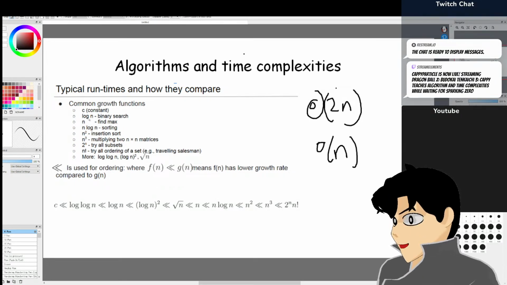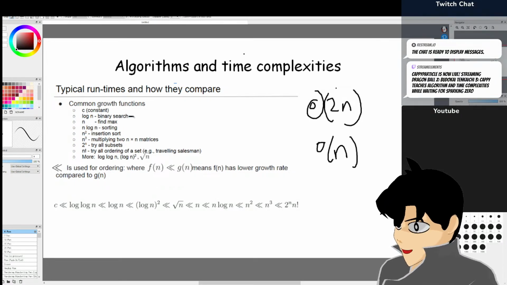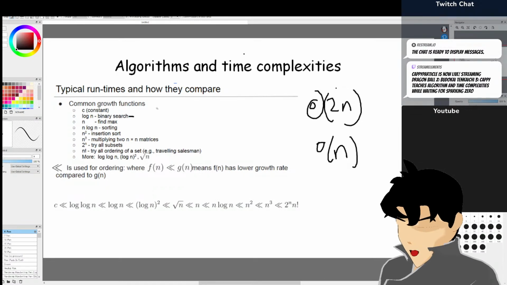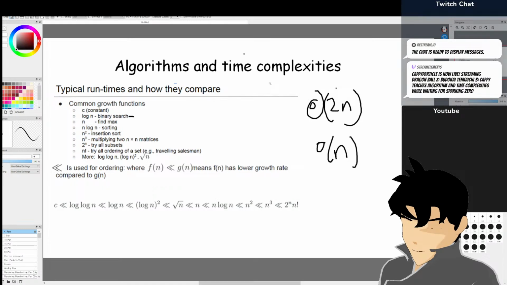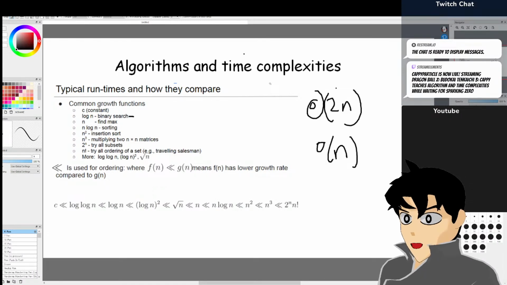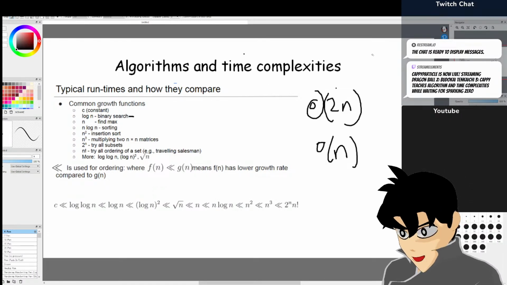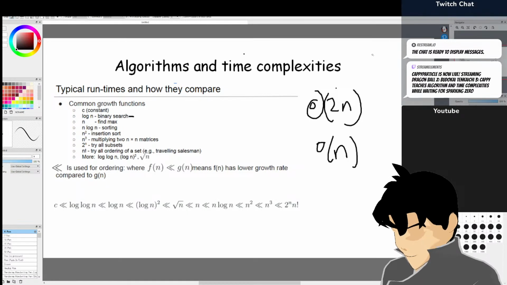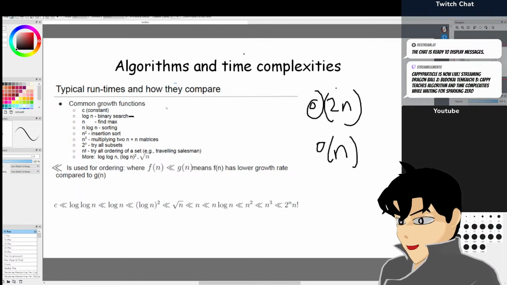So log n. How would you say it? I never really liked using logs, but effectively log n is moving.